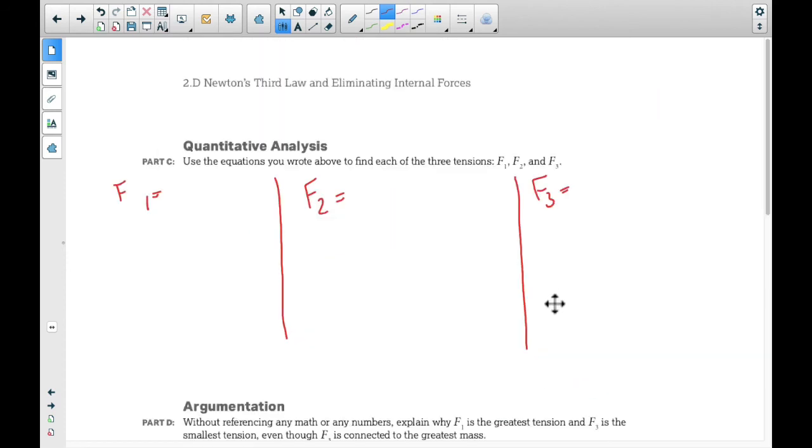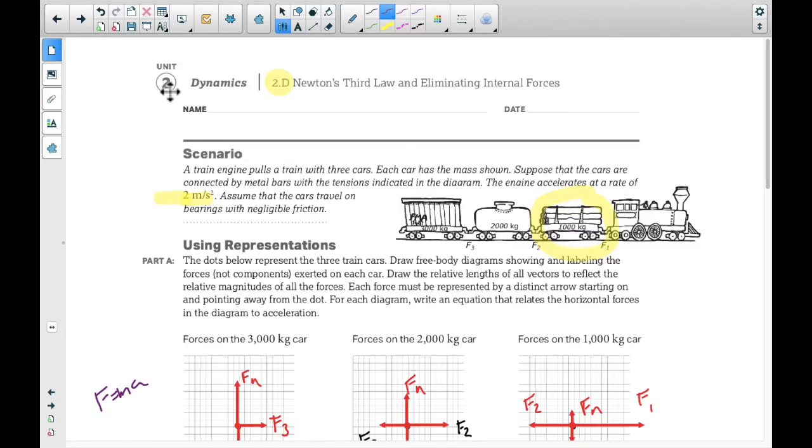Okay, we should now be able to determine what the actual numbers are. And here's the deal. The reason they didn't figure those numbers earlier is because they wanted you to think about it conceptually and not just with a bunch of numbers, because sometimes the numbers get in the way or sometimes the numbers are a shortcut. So if we go back now and look at each of the forces, we know that F equals ma.